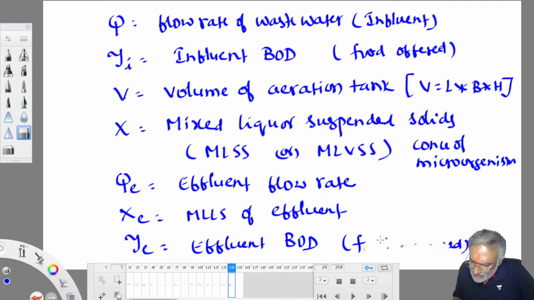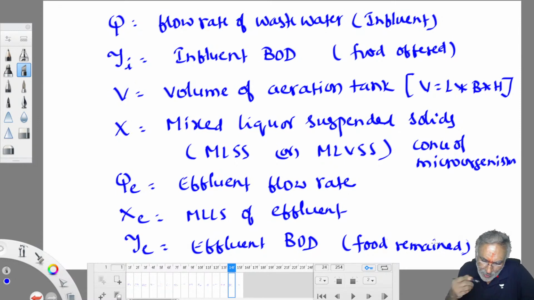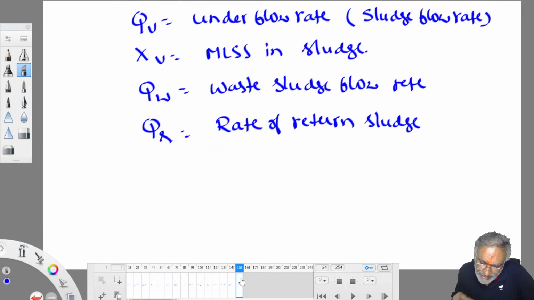Some of the things present in the food you keep in the plate like this. You throw it out. Curry leaves, this, that, and all, isn't it? So every grain we don't eat. So this is food remained. Food consumed is how much? The difference between food offered and food remained. Yi minus Y is food consumed. X is the concentration of microorganisms consuming Yi minus Y amount of food. So we have to maintain that X constant.